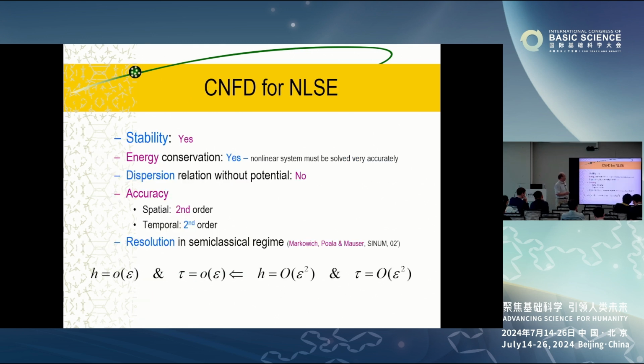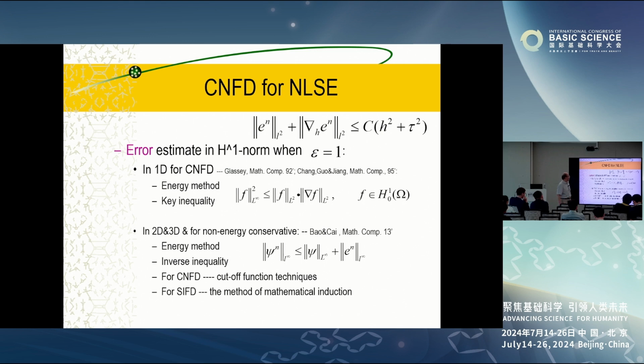So in one dimension, they use one key inequality: for any function in H01 omega in one dimension, the L infinity norm is bounded by the L2 norm and H1 semi-norm. Since mass conservation and energy conservation hold, the numerical solution psi Jn is bounded.